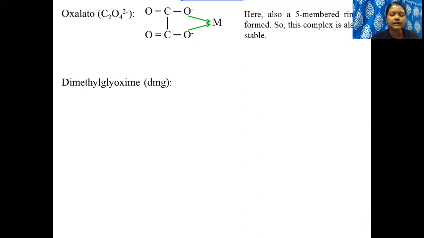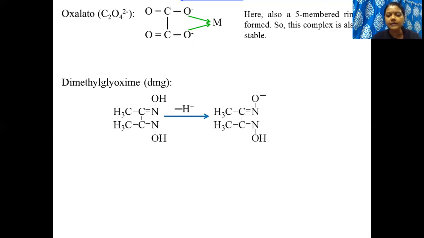The important example of bidentate ligand is dimethylglyoxime. This is the structure of dimethylglyoxime, but it will lose one proton and become dimethylglyoximate. This is the actual ligand where the two nitrogen atoms act as donor sites.